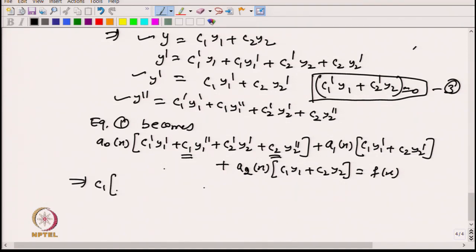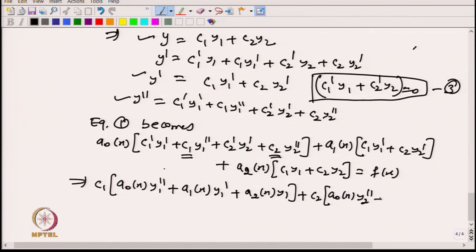The terms corresponding to c1 become a0(x) y1 double dash plus a1(x) y1 dash plus a2(x) y1. Then the terms corresponding to c2 are a0(x) y2 double dash plus a1(x) y2 dash plus a2(x) y2. Then the remaining terms: from here I get a0(x) times c1 dash y1 dash plus c2 dash y2 dash.